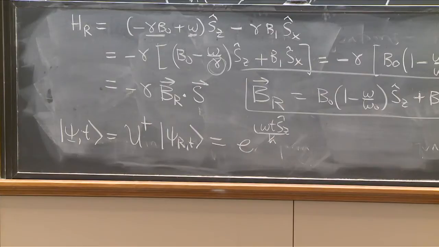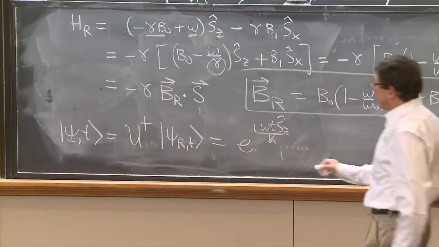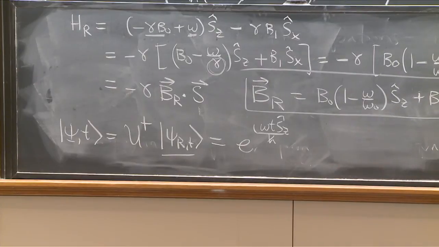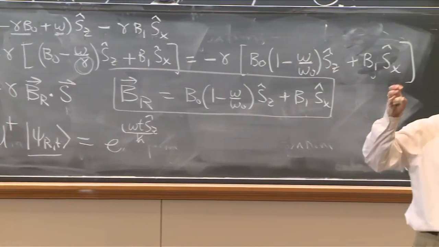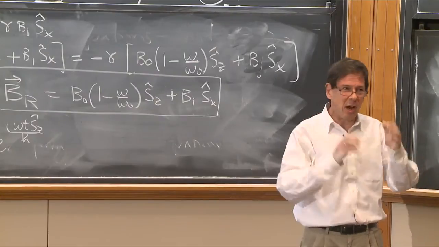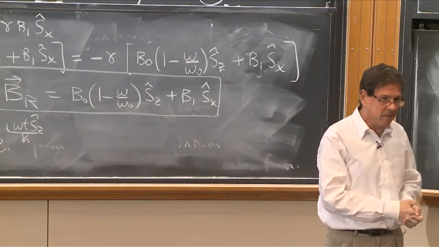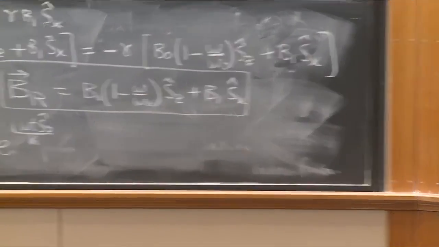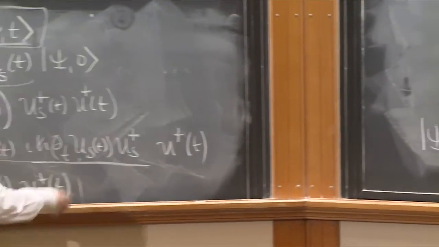Well, the other U associated to the time evolution is just e to the minus i HR t over h bar, because HR is time independent. So this equation that tells us how psi R evolves is with HR.